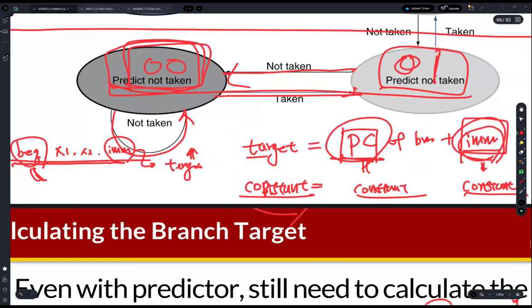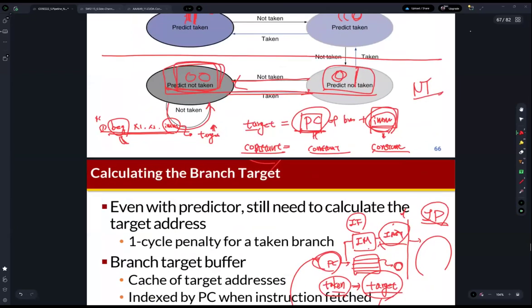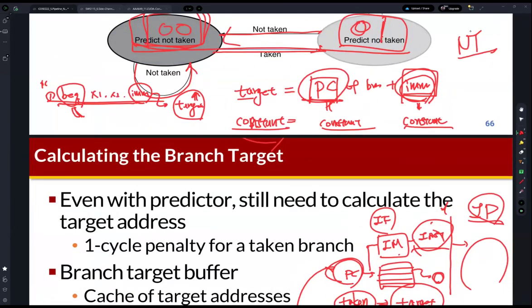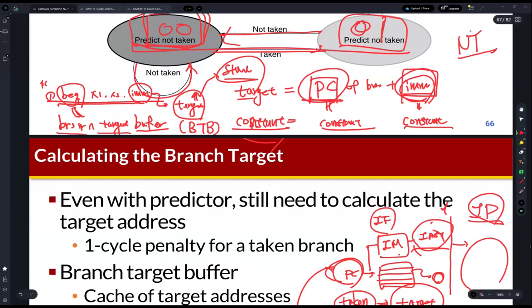So in order to use this target, we need to store it in the processor. What is required? We need a buffer. What buffer? The branch target buffer. It's called the BTB.